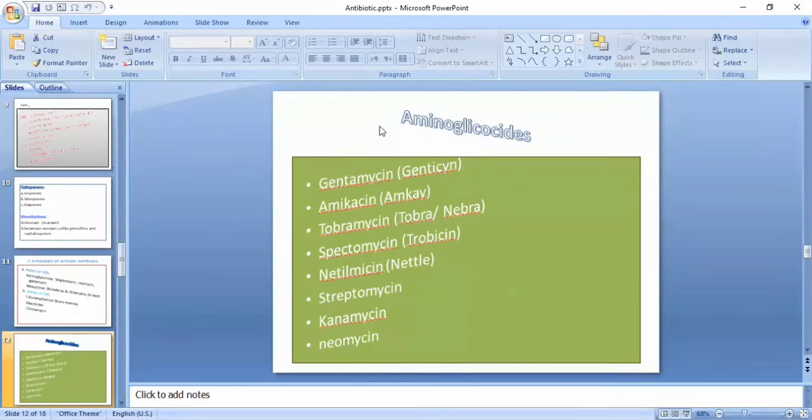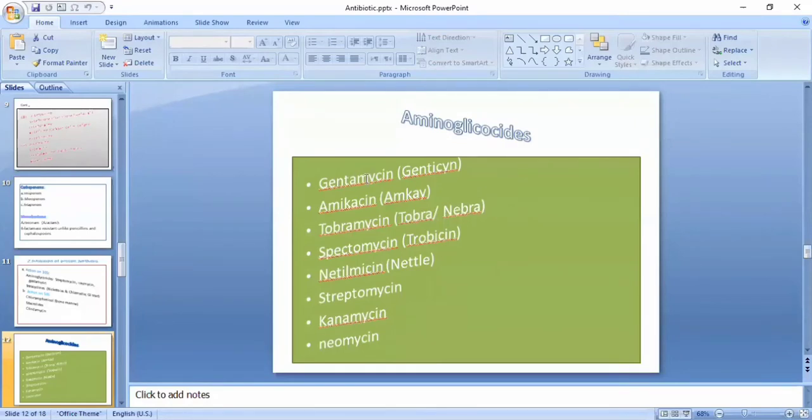E. coli is the most common gram-negative bacillus which causes infection of the urinary tract in human beings, known as UTI, urinary tract infection. And these aminoglycosides are very effective against urinary tract infection.